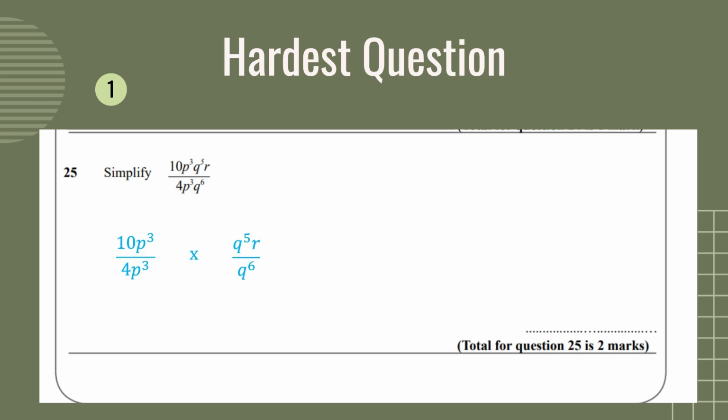Here we use simple division and we divide down. 5 over 2 is the simplest form of 10p cubed divided by 4p cubed, and r divided by q is the simplest form of q to the power of 5 r over q to the power of 6. We then simply multiply them back together to leave our final answer 5r divided by 2q.